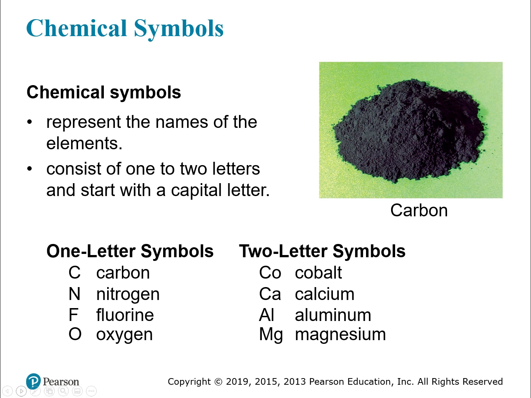They'll either have 1 or 2 letters and always start with a capital letter. Some examples of 1-letter symbols are C for carbon, N for nitrogen. 2-letter symbols, some examples are cobalt, that's a capital C with a lowercase o, and calcium with a capital C and a lowercase a.